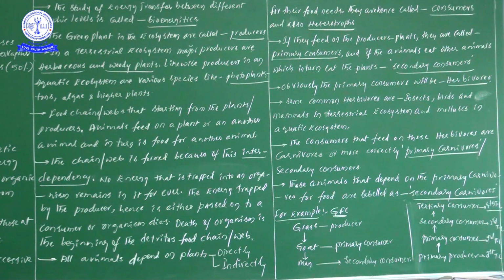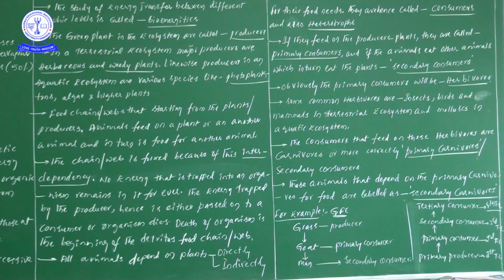Point you understood or not? The organisms that eat other animals which eat plants, such animals we consider secondary consumers. These secondary consumers simply eat which one? Herbivores. Point you understood or not? Secondary consumers definitely eat the herbivores or primary consumers.